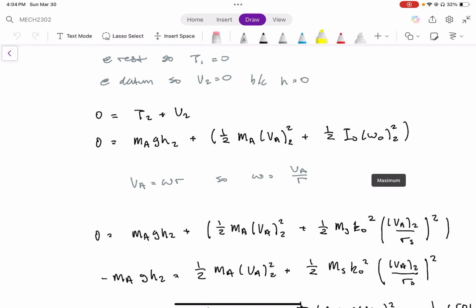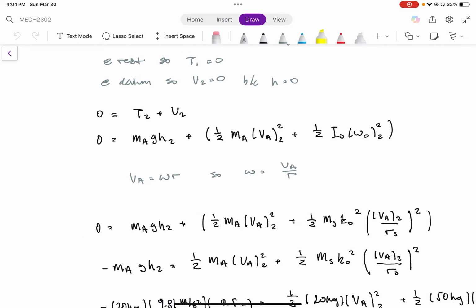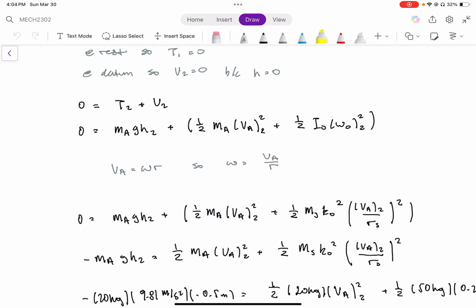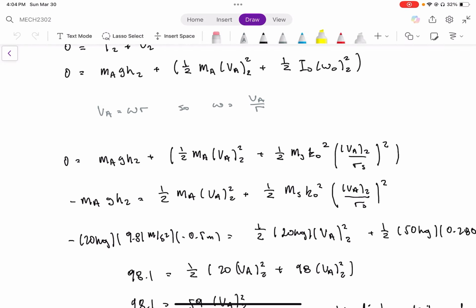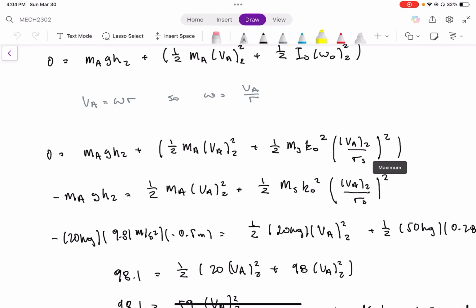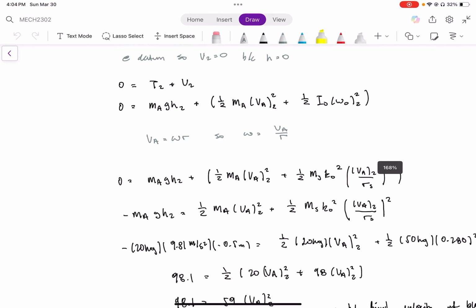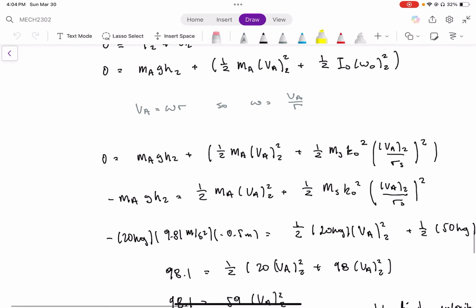So we substitute the angular velocity for velocity A divided by the radius, which is given by this formula right here. And then we substitute that here. We move T2 to the other side and make it negative.